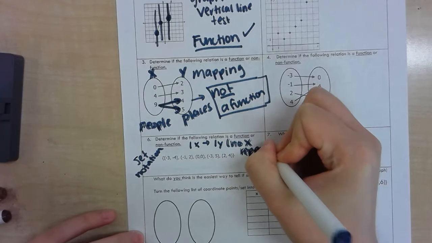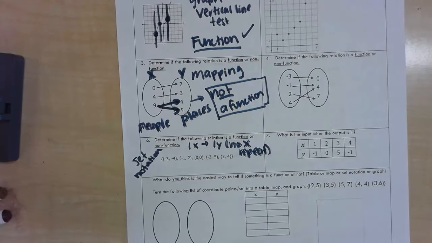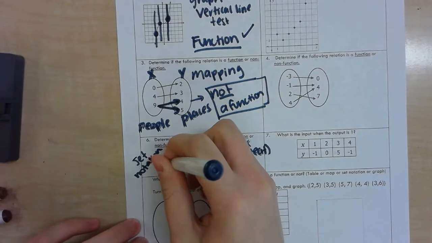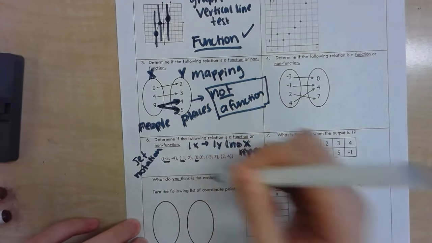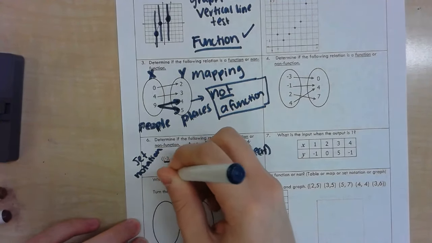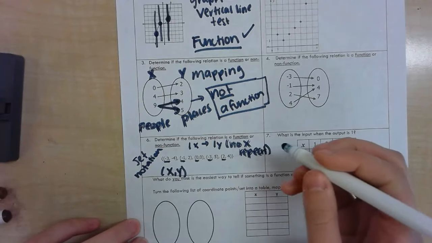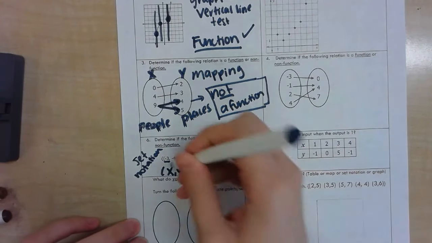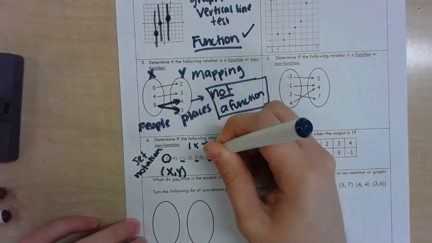All right, so I'm going to underline here. I have a -3, a -1, a 0, -3, and 2, 4. Remember, my points always go x, y, so I'm only looking at that first value. I see that my -3 repeats.